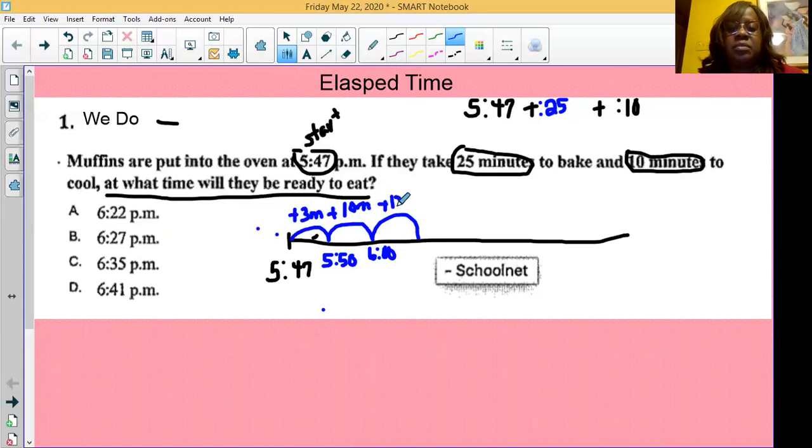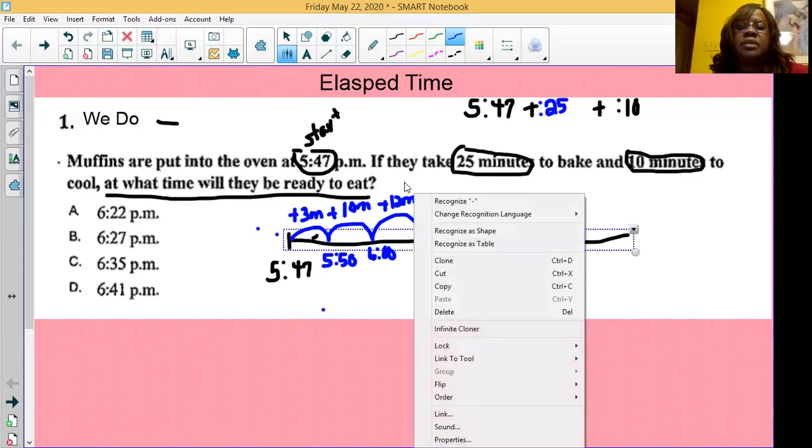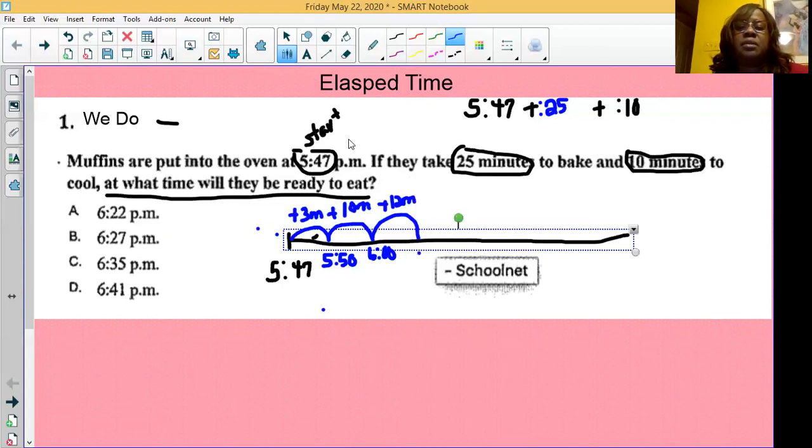Plus 12 M stands for minutes. So now I'm going to add 12 more minutes to 6 o'clock. And that gives me a time of what? You write it. You're exactly right. It gives me a time of 6:12. So 12 minutes after 6. So now we're at 6:12.